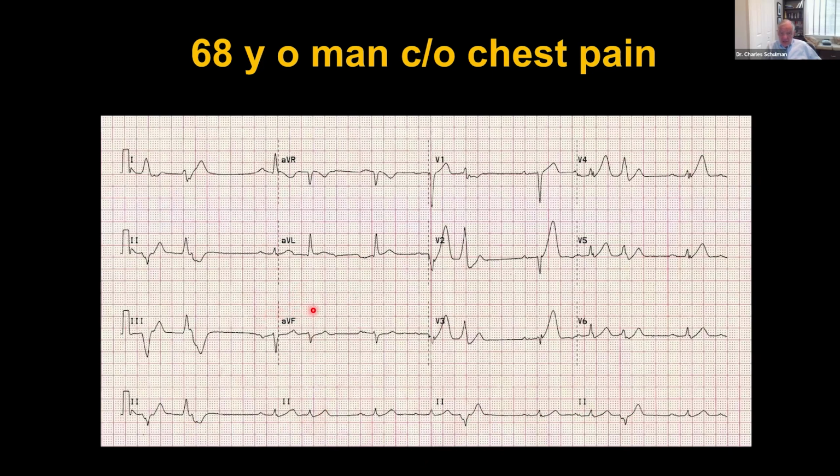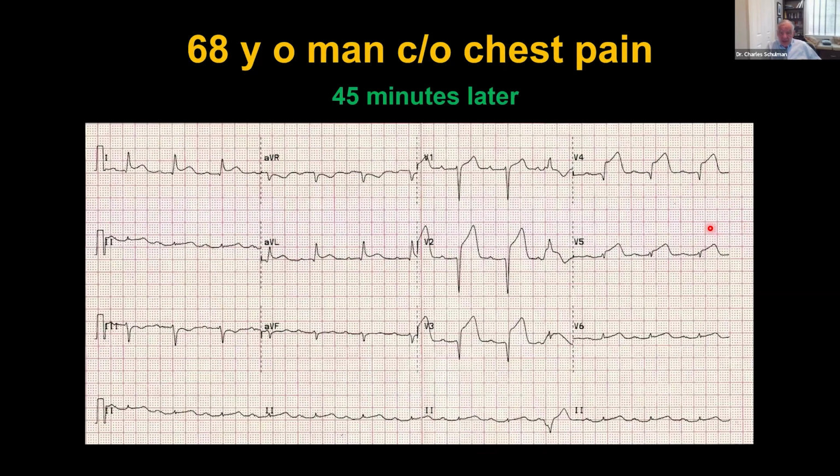And what you can see is that what's prominent really is that the T waves are very tall and out of proportion to a T wave that one would expect in this lead with this size QRS here in V2, V3, and V4. Okay, these are hyperacute T waves, the earliest sign of acute myocardial infarction.